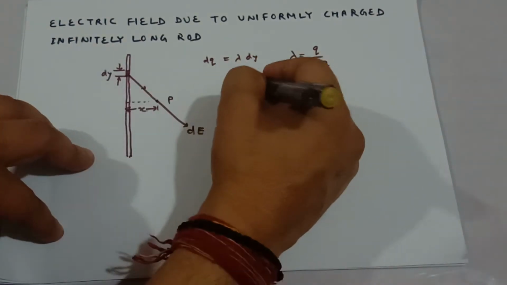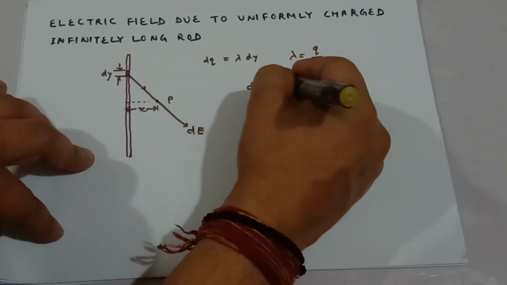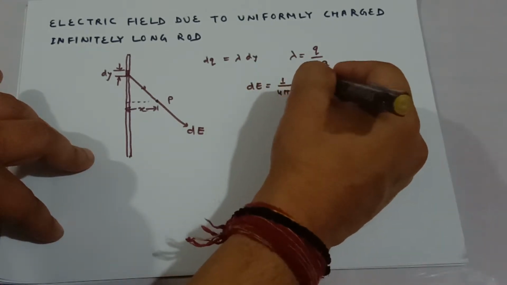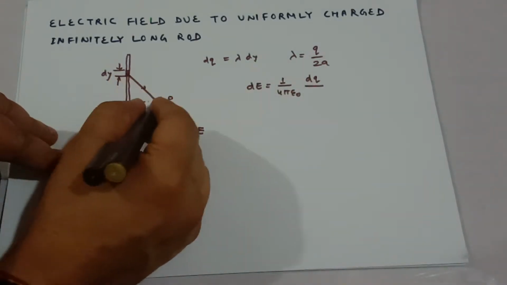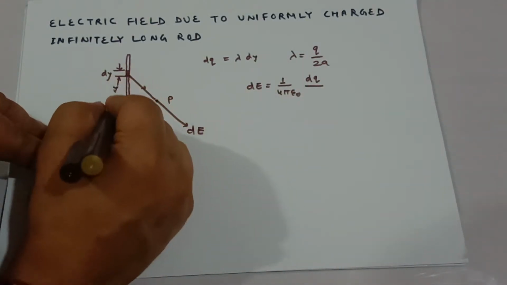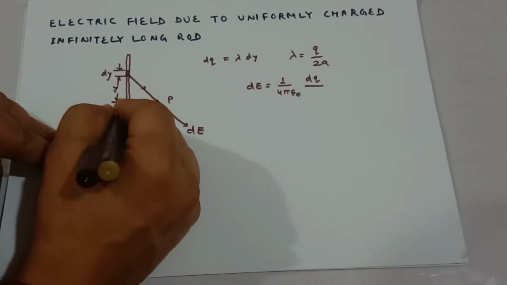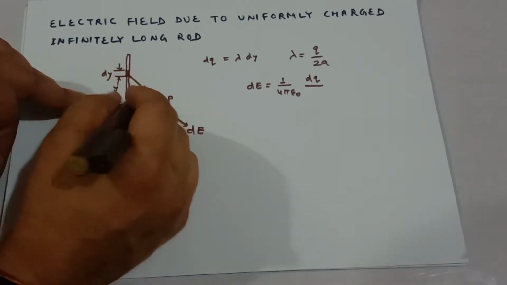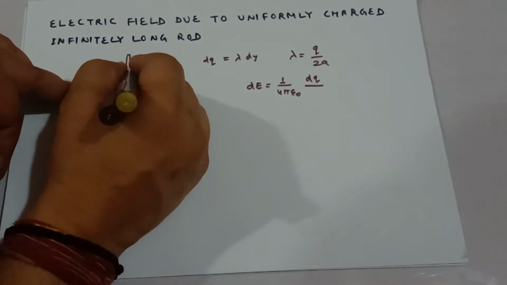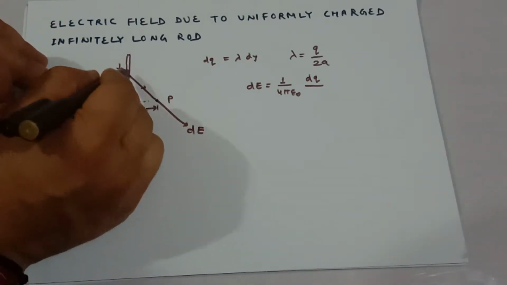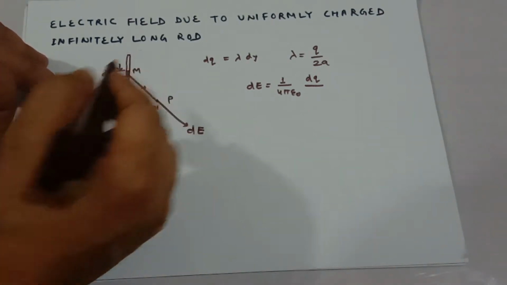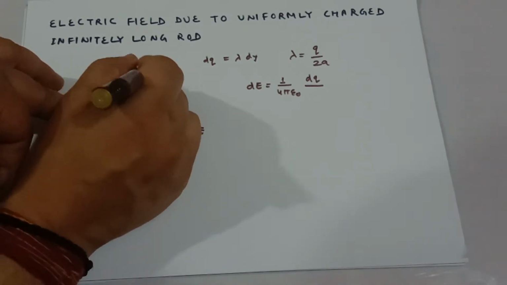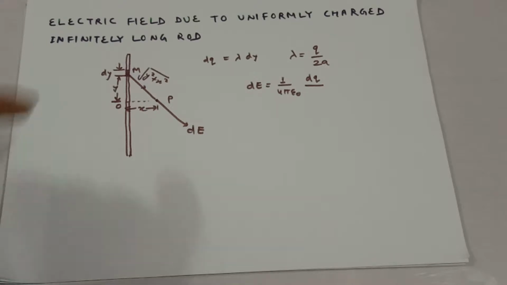The magnitude of this dE we already know should be 1 by 4 pi epsilon naught delta q upon the distance squared. Suppose this distance is y from the center O, and this distance is x, so this distance, suppose that point is M, so MP would be the square root of y square plus x square. That is the distance.